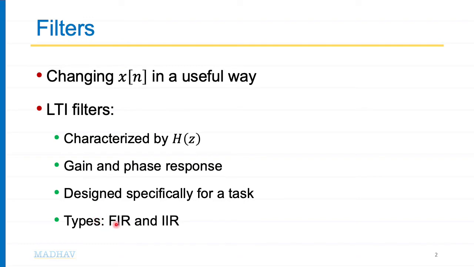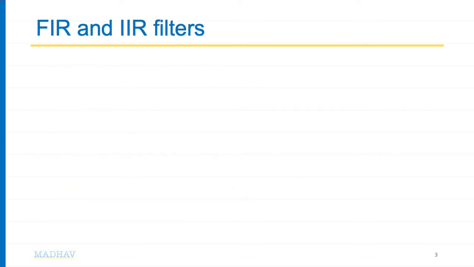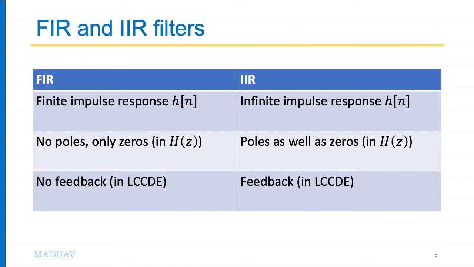And now we'll see two kinds of filters: finite impulse response filters and infinite impulse response filters. In short, they are called FIR and IIR. When they have a finite impulse response, my h of n is a finite signal, which means it is limited in n, so after a certain capital N, all the values of h of n are 0.